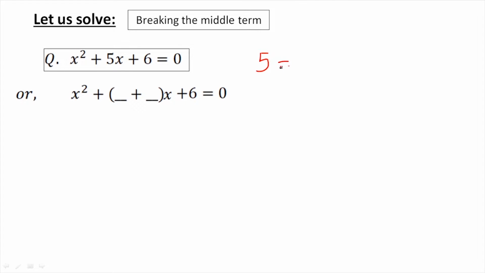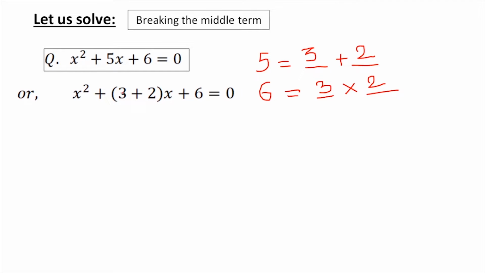It's quite easy in this case: 3 plus 2 is 5, and 3 into 2 is 6. So the numbers to put in the blanks are 3 and 2. So we'll write x squared plus (3 plus 2)x plus 6 equals 0.